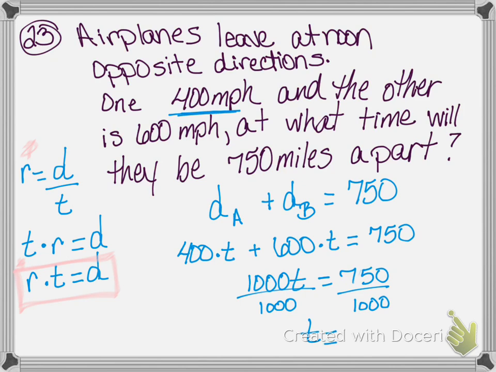750 divided by 1,000. Okay, so I can mark out one of these zeros right there, and then I have 75 over 100. If I keep that in fraction form, that is 3/4. Okay, so what I have found is in 3/4 of an hour, these planes are going to be 750 miles apart.